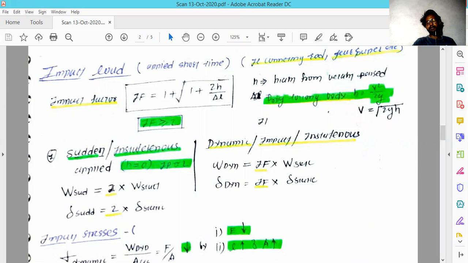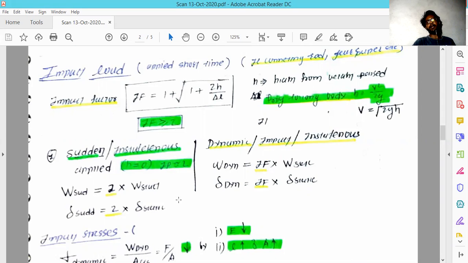So in this condition, if you want to find the sudden load, it is nothing but 2 multiplied by the static load. Similarly, the sudden deformation is equal to twice the deformation in the static condition. The static deformation is PL by AE, where P is the sudden load.